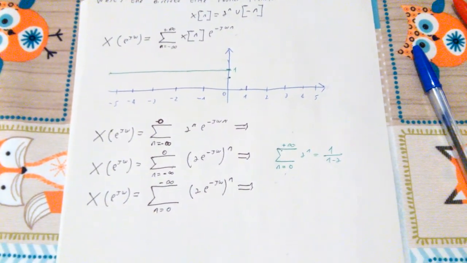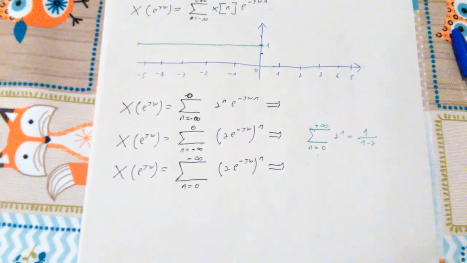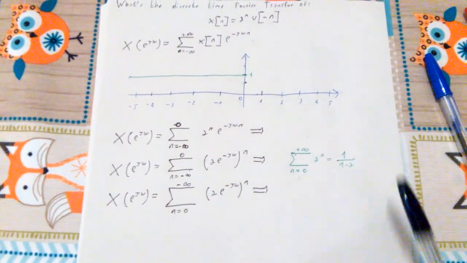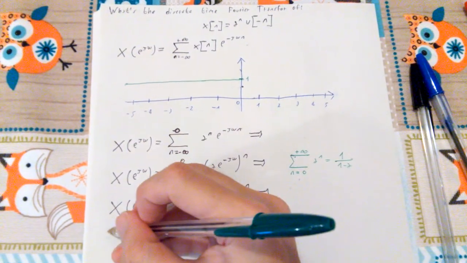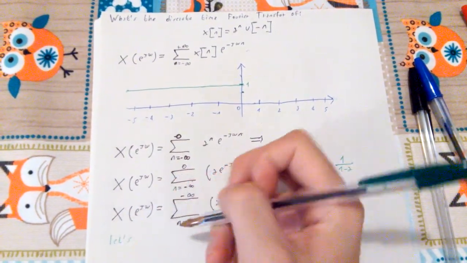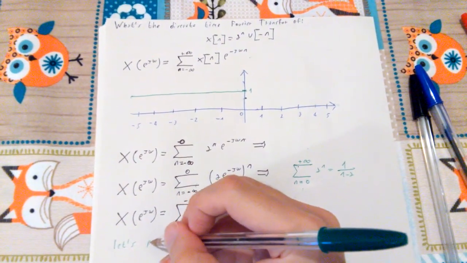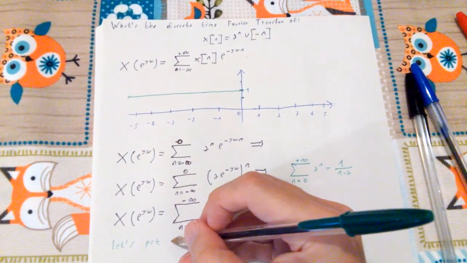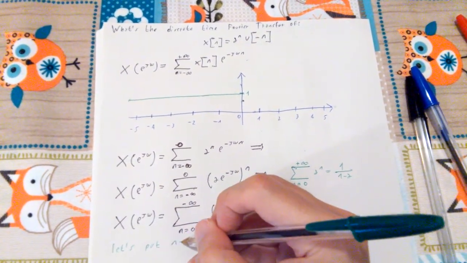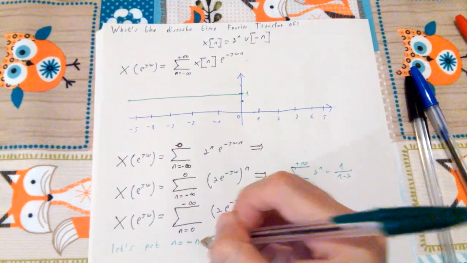So how do we take care of this? Well, we can use a clever trick and say, let's put n equal to negative n.